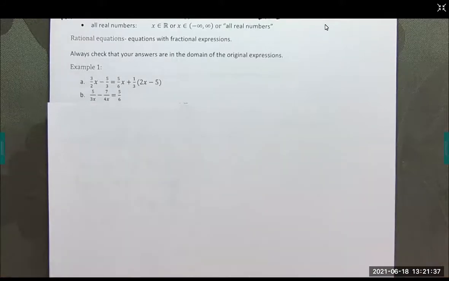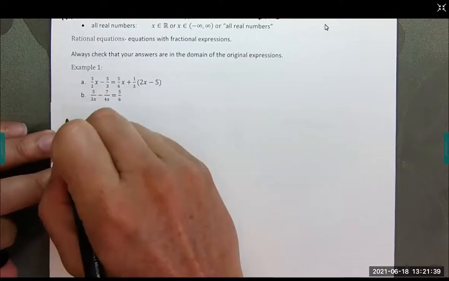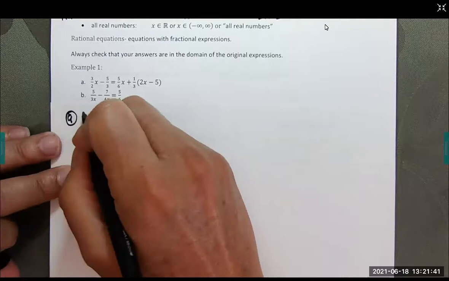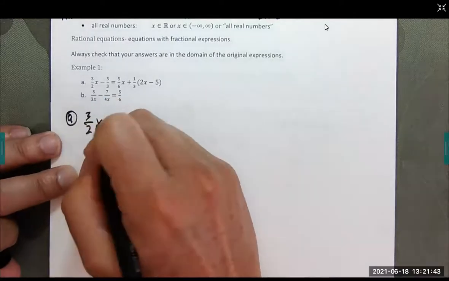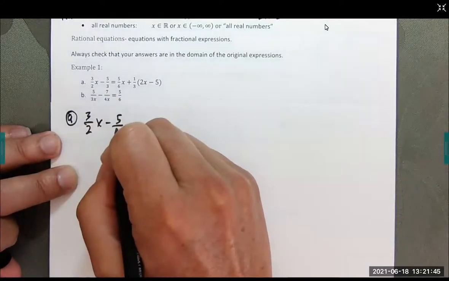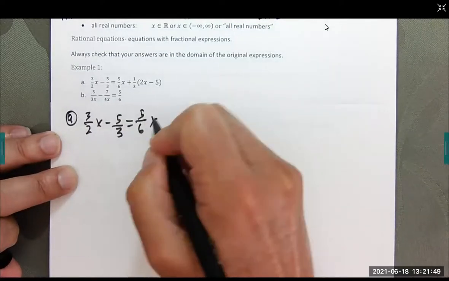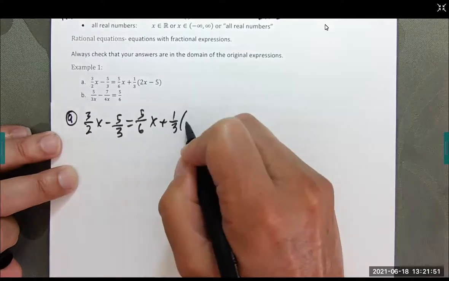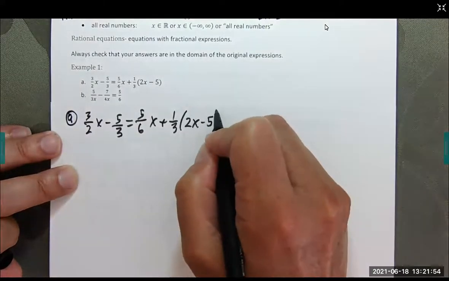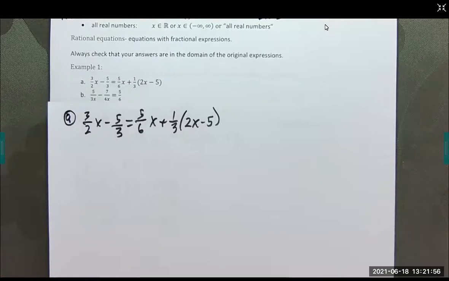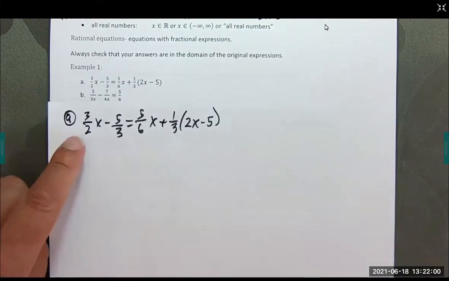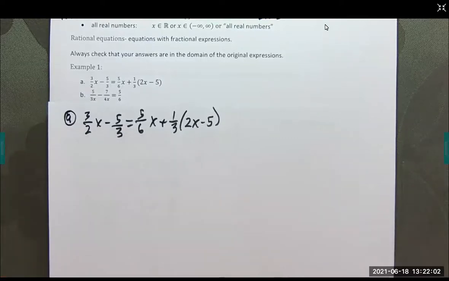So part A. Whenever I have fractions in my equation, I want to get rid of them sooner rather than later. So I'm going to notice between all these denominators that 6 is a common denominator.